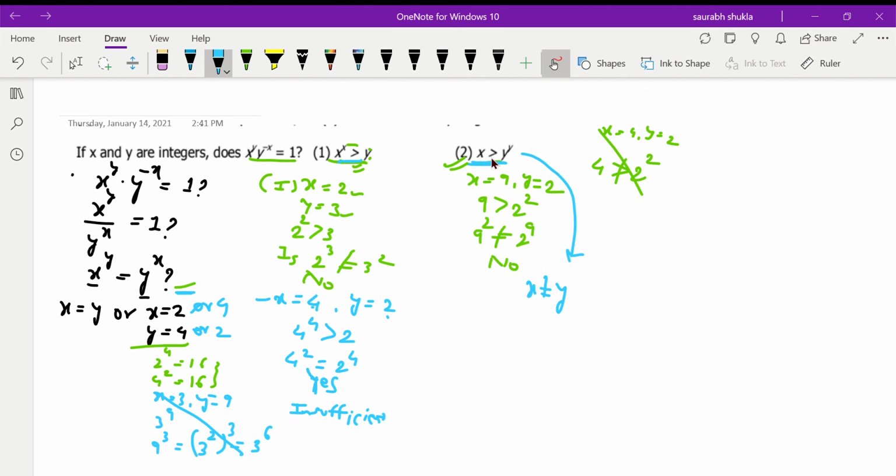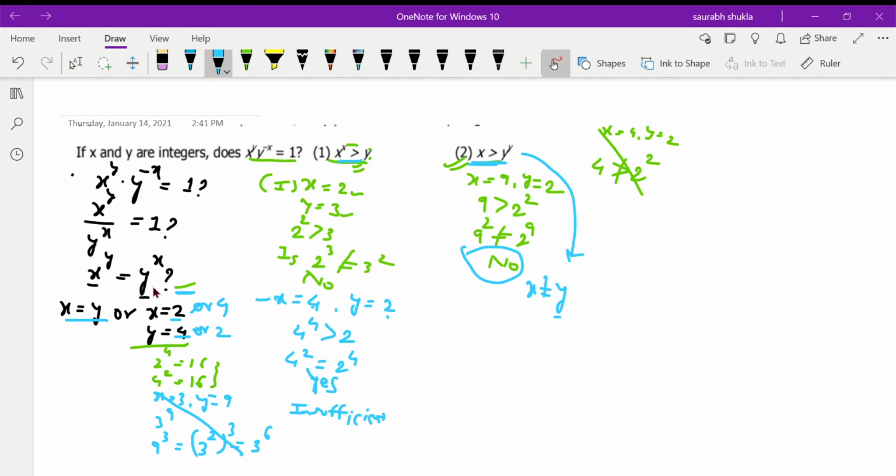Because x has to be greater than y raised to y here, and both values are equal. You may not be able to do that. So since you cannot plug in a 2 or a 4, which I have already shown you why, and also you cannot plug in equal values for them, using this information we can conclusively say that the answer to this question is always no.